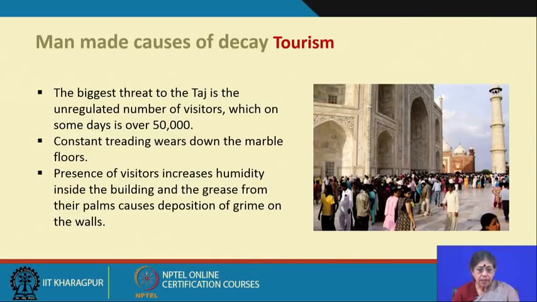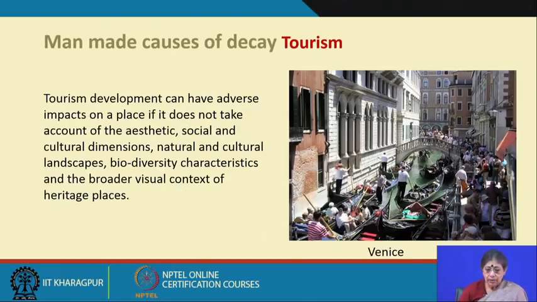And so, tourism is one of the very challenging things, especially in case of World Heritage Sites and other popular heritage sites, that the number of visitors and their behavior is becoming a threat to the heritage site, and especially the World Heritage Sites.